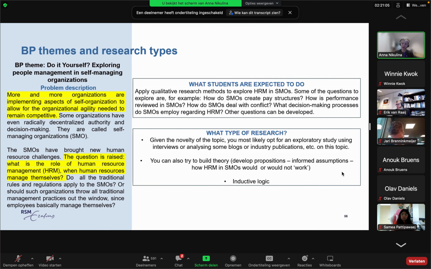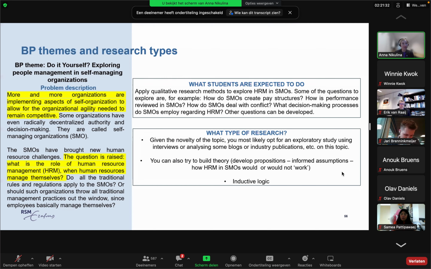That would be a better research output to aim for, because versus just exploring, you are trying to develop propositions about certain topics. And the logic of such a study is naturally inductive, again because the topic is very novel and you are really trying to generalize based on limited observations that you will find in the empirical world about these self-managing organizations.